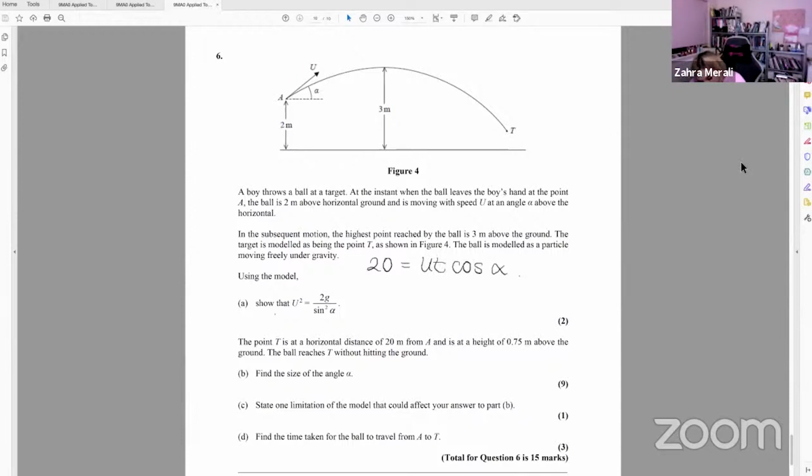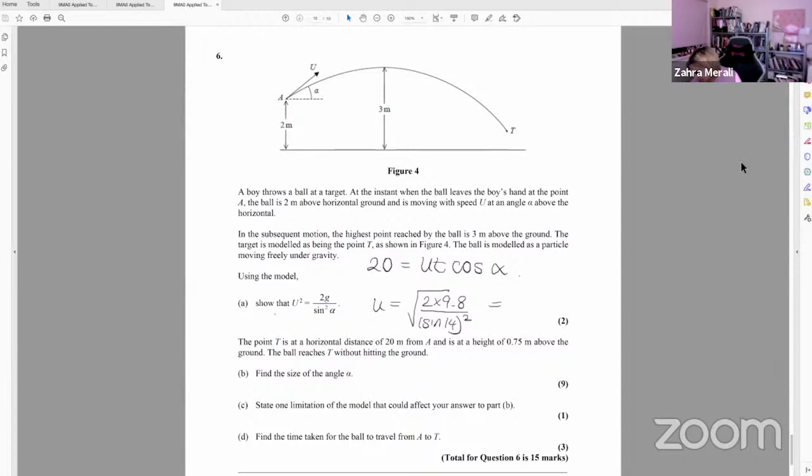So u is going to equal the square root of 2 times 9.8 over sine 14, all squared.